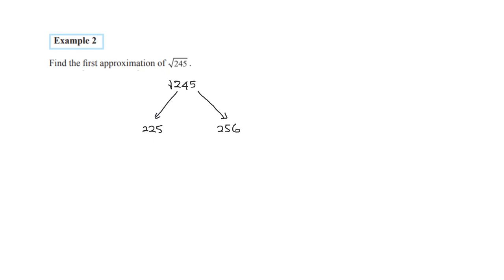So I put the square root sign there, there, and here. Then the square root of 225 is 15. The square root of 256 is 16. So our answer will be 15 point something.